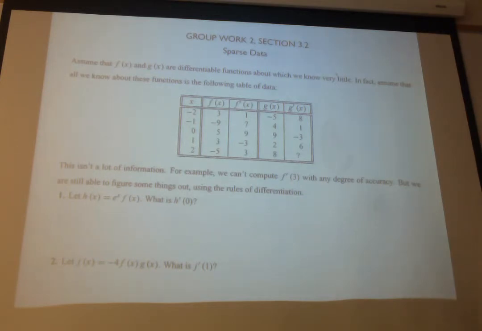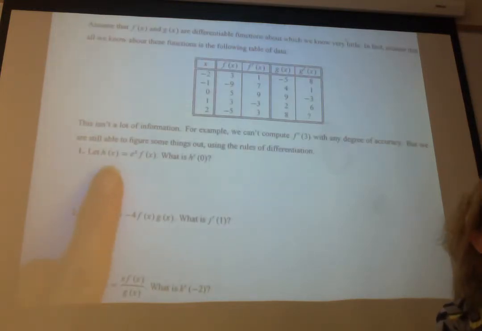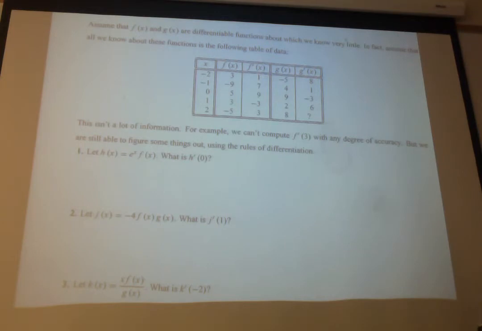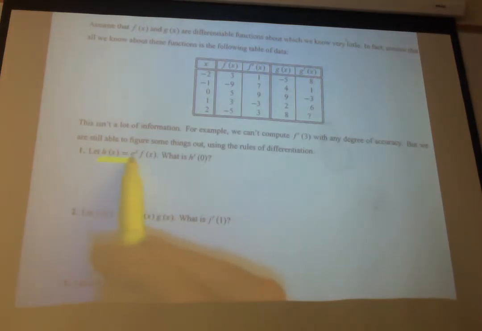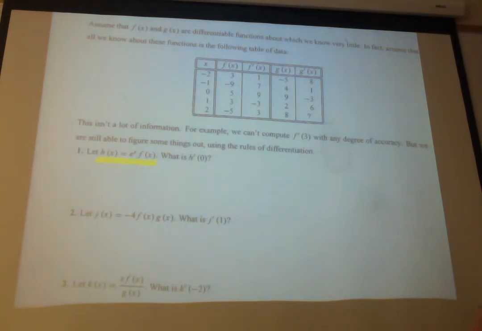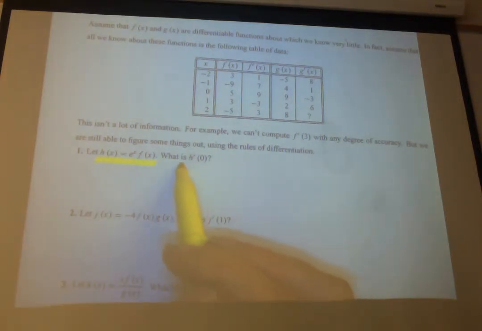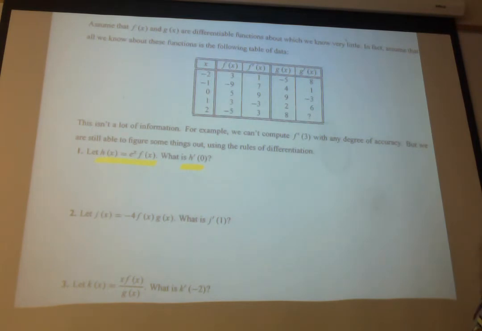What looks kind of weird is this notation. At least I know when I first saw this, it looked kind of weird. So I have h of x, some other function that's not even in that table, and they want me to figure out what h prime at 0 is. But that's not in the table.